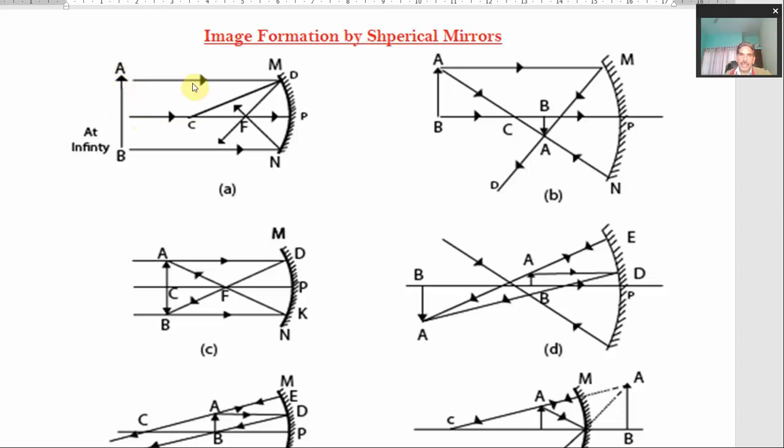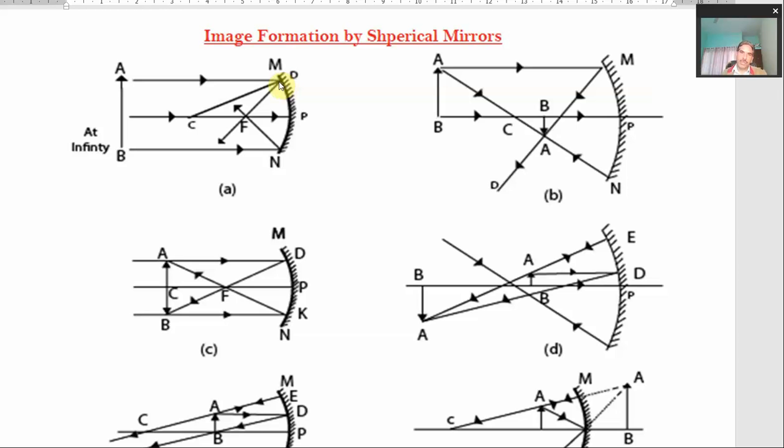So all these light rays, after getting reflected from this concave mirror, we already know that whenever light rays get reflected from a plane surface, a spherical surface or any kind of surface, they always follow the laws of reflection.